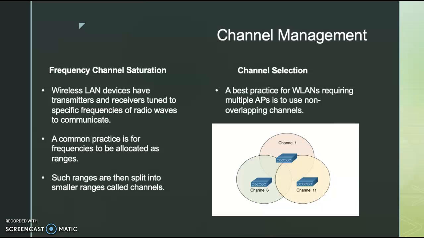Next is channel management. Just to touch lightly on this, when discussing frequency channel saturation, wireless LAN devices have transmitters and receivers tuned to specific frequencies of radio waves to communicate. In terms of channel selection, a best practice for WLANs requiring multiple APs is to use non-overlapping channels.